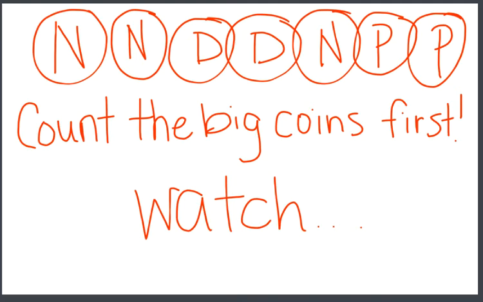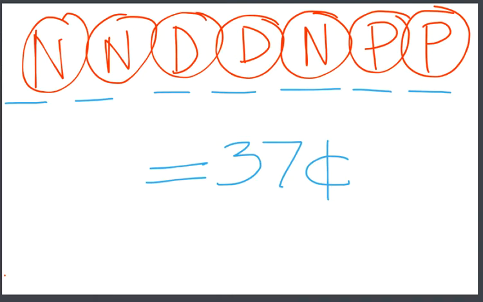I have displayed nickels, dimes, and pennies using my symbols. Count the big coins first. Watch. Which is the biggest coin? I see nickels, dimes, and pennies. I remember from the beginning of my lesson, a nickel is worth 5 cents, a dime is worth 10 cents, and a penny is worth 1.